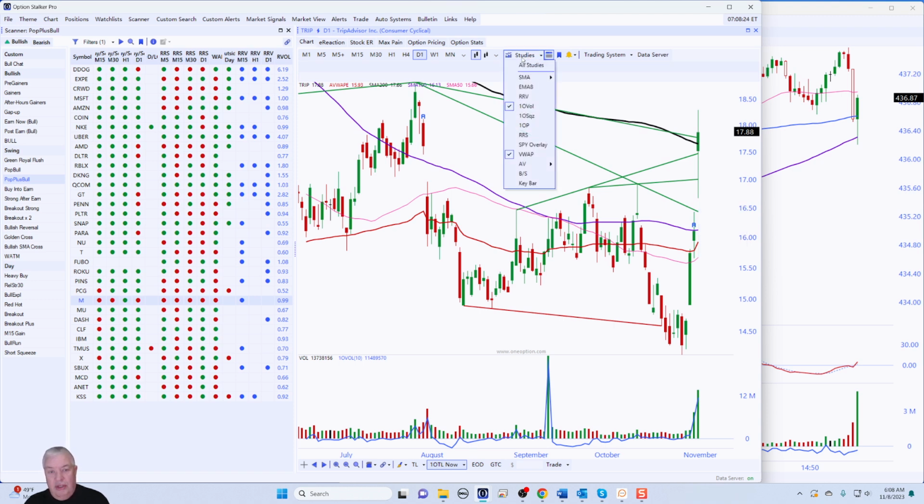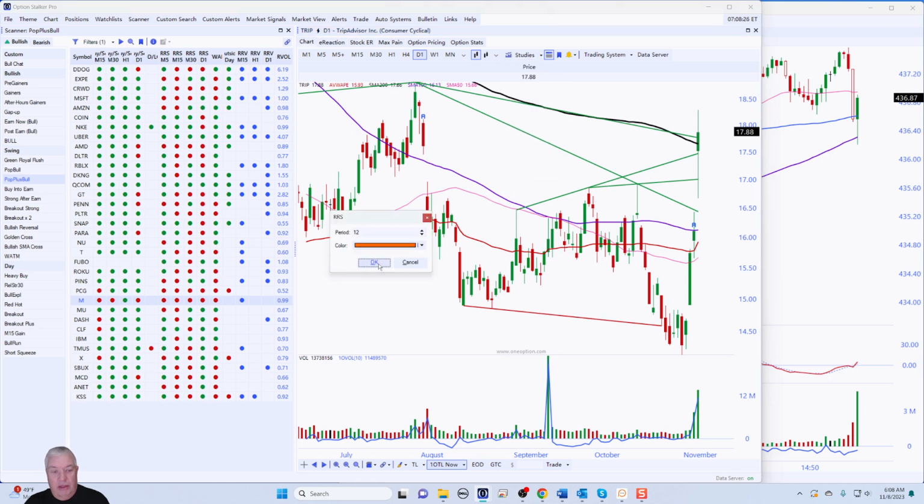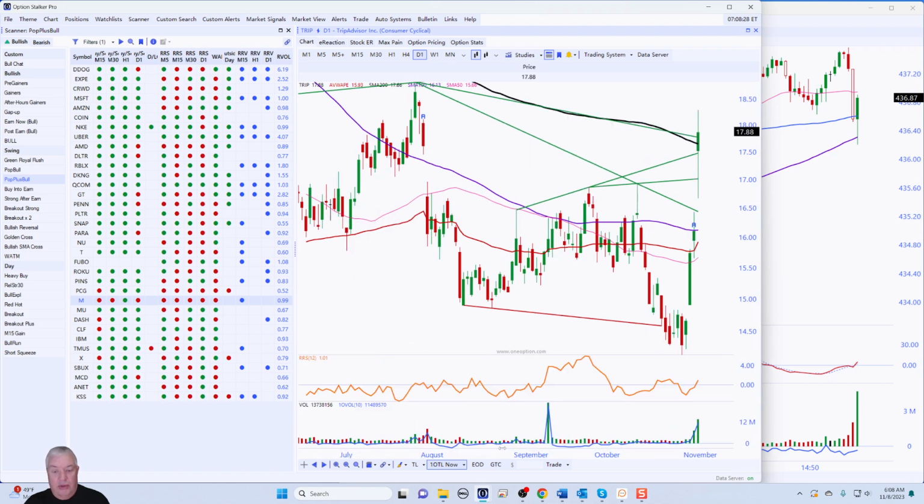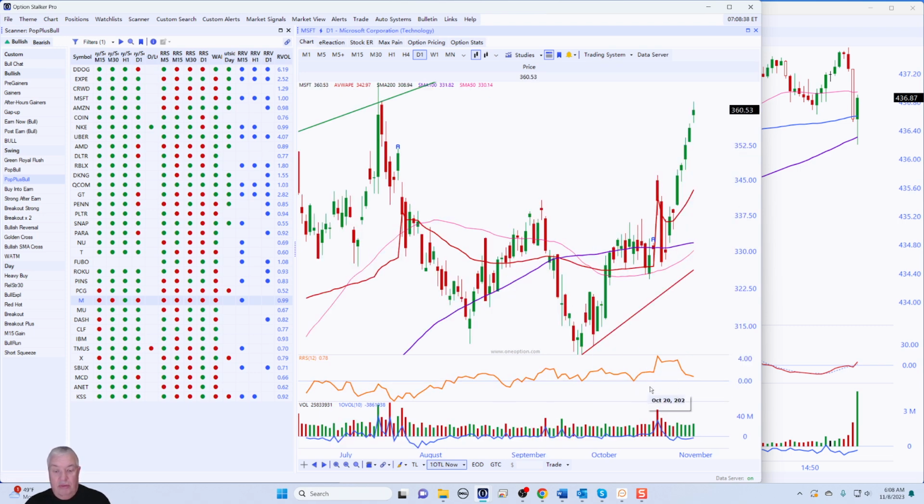Put up the studies, we've got real relative strength, and then we can also see how the stock is poking through, and now it has strength. Microsoft, might as well put that back up. That stock has had very nice relative strength recently. Look at that strength above zero when the tech sector was badly beaten down.